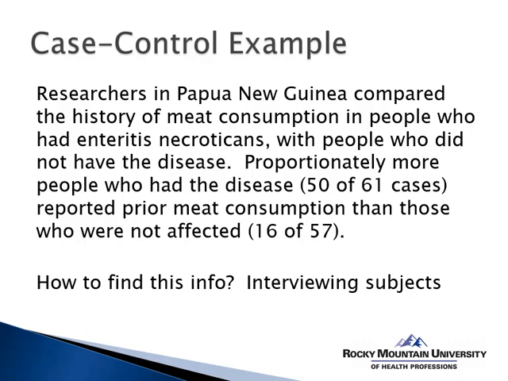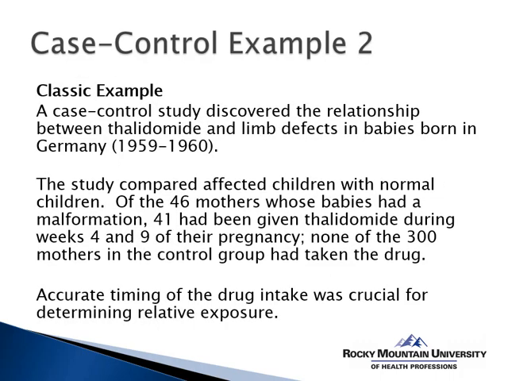So how did they find this information out? They interviewed people. They had 61 people who had the disease, and they had 57 people who did not have the disease, and then they found out what percentage of individuals in each group had prior meat consumption.